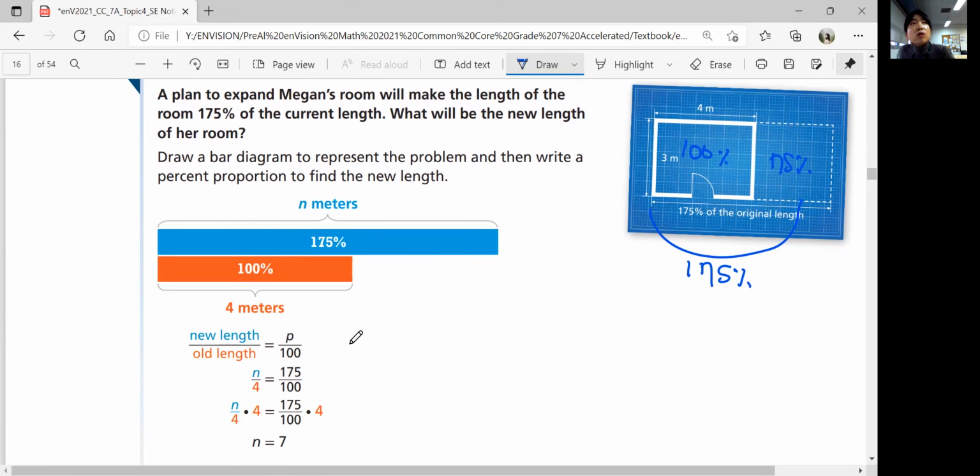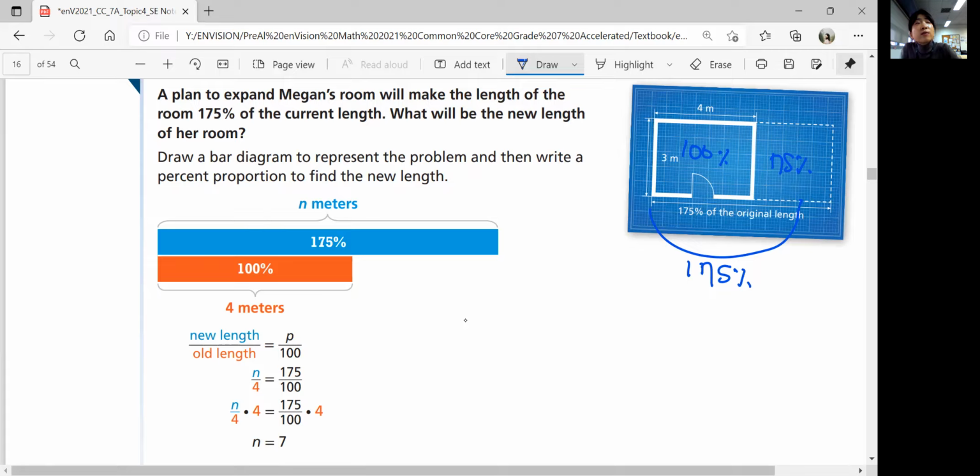Again, you're always going to put the original length, the 100%, on the bottom of the fraction. So out of the original, your 100%. New length over old length is equal to P over 100.